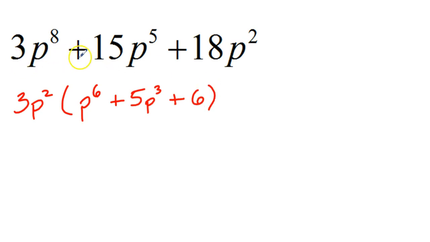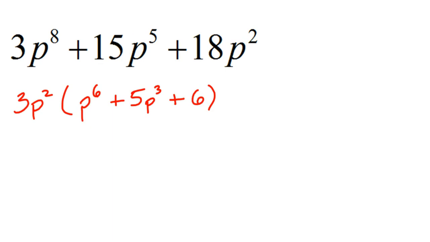Okay, I'm dividing all the terms by 3 and a p squared. So the exponents reduced by 2, and we're dividing the coefficients by 3. And so now I'm looking at what I have in parentheses. It doesn't look very comfortable to me, but hey, I recognize something. This is kind of like something squared.